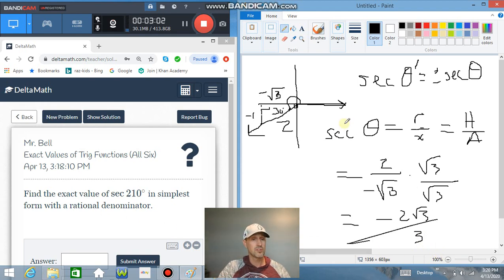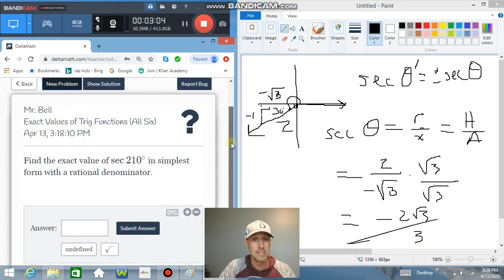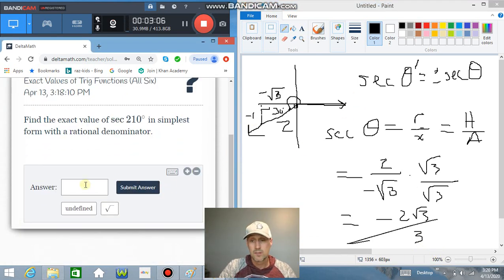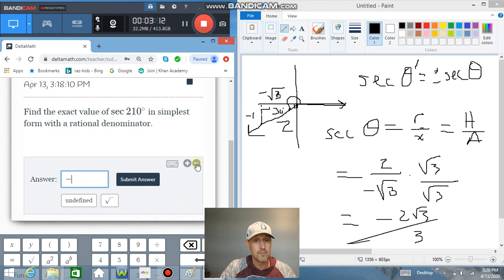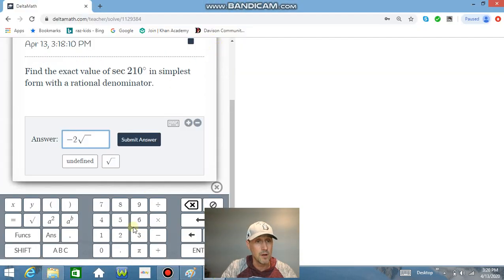Okay, let me show you how to enter in a radical over here quickly. So I've got a negative. Oh, come on, move up a little bit more for me. Negative 2 square root of 3. What's going on? There we go.